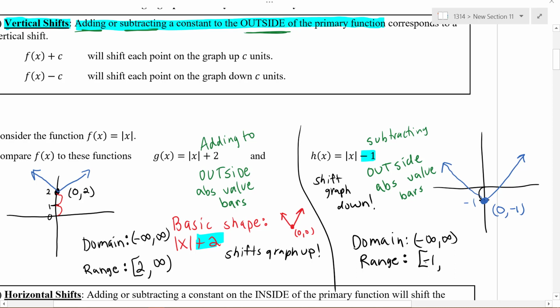So I'm going to use my closed brackets there. Then I go all the way up to the top, I see arrows, so that's a y value of positive infinity. So you should be able to know the original basic shape, know how to shift it, how to label that newly shifted origin point, and then draw the graph from there. And after you've drawn your graph, you should be able to look at that picture and tell what the domain and range of that newly shifted graph is.